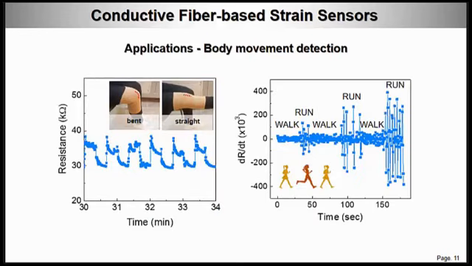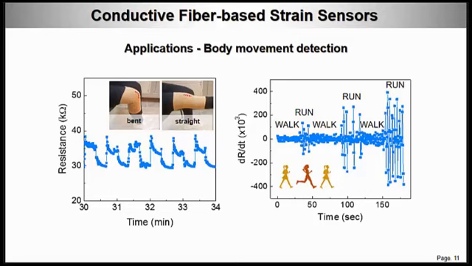To demonstrate possible applications in body motion sensing, the strain sensor was embedded on the textile as shown here. Because of the motion of the knee, from the bent towards the straightened state, strain is applied to the sensor, which changes the electrical resistance.